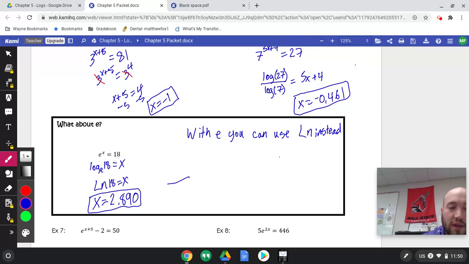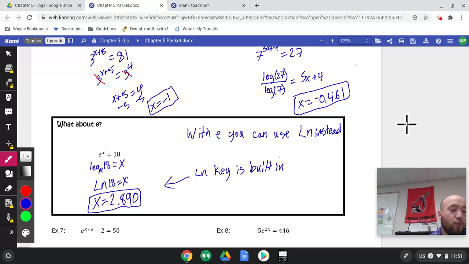Remember, the ln key is built in. They built this in because this one shows up a lot in the world. This is a common type of problem that we see a lot, so they wanted to make the natural log very easy to find.